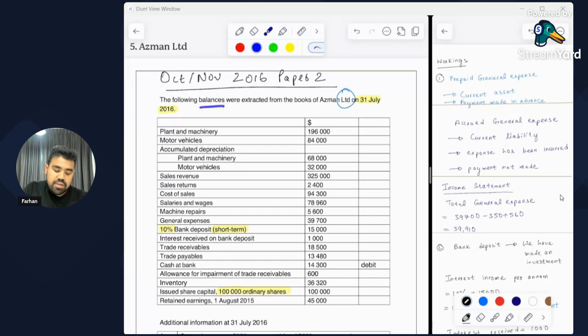The following balances were extracted from the books of Usman Limited on 31 July 2016. So we're working with a business where the most recent financial year just ended on 31 July 2016. And based on the word limited, we can understand that we're working with a public limited company.